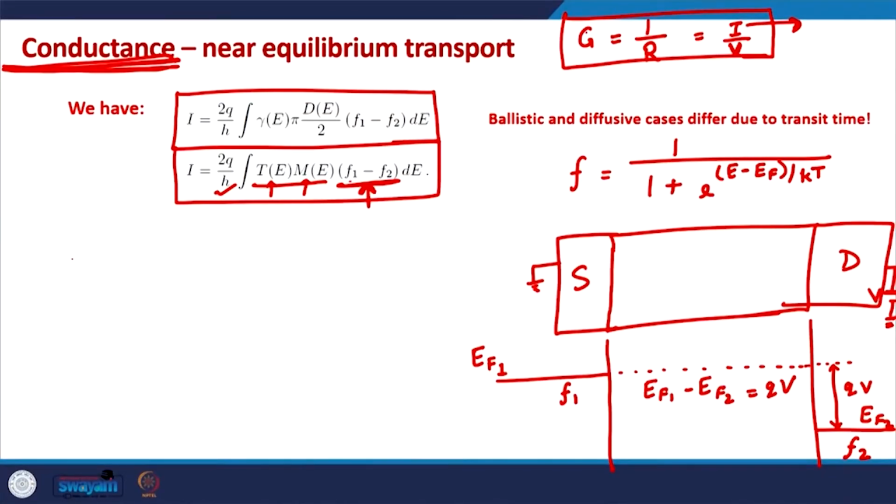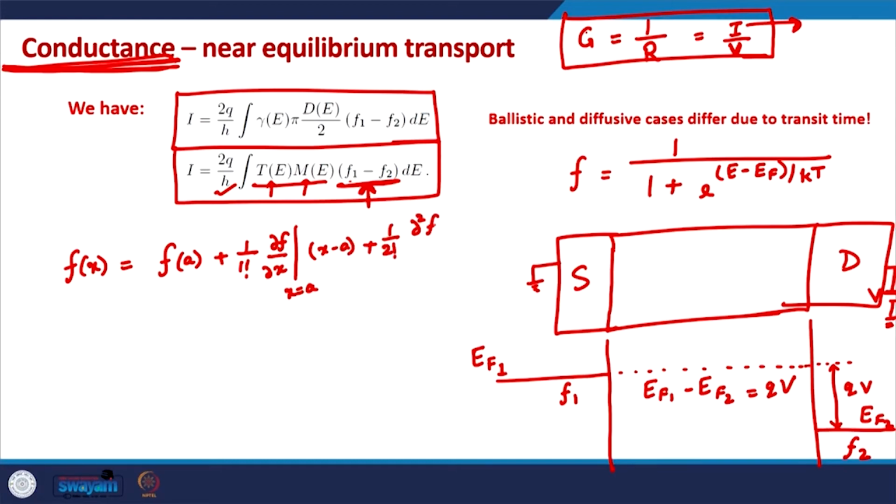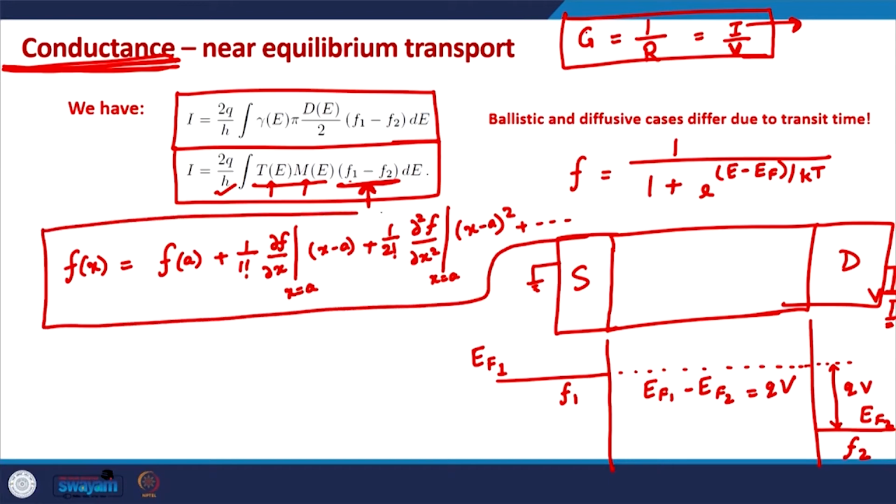What the Taylor series expression says is that any arbitrary function can be written in this form, 1 by factorial 1 x minus a plus 1 by factorial 2 del 2f by del x2 evaluated at x equal to a, x minus a square, and similarly there are higher order terms as well. So, this function can be approximated by this Taylor series.